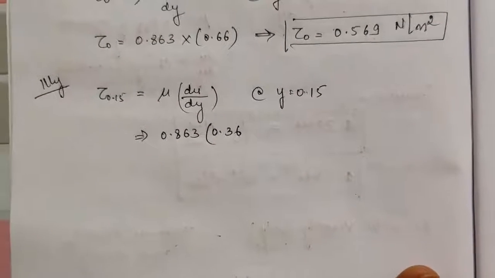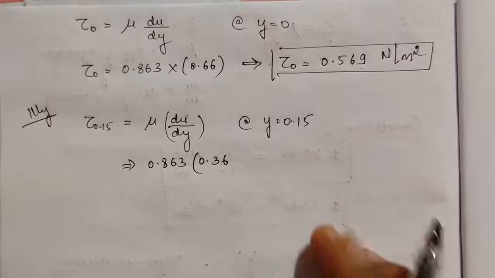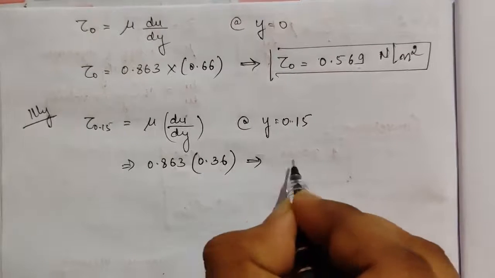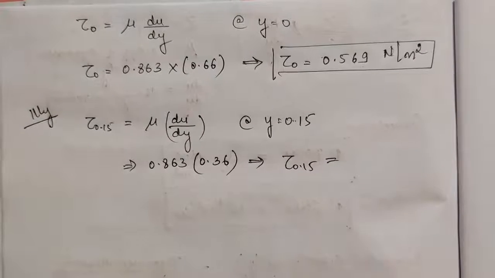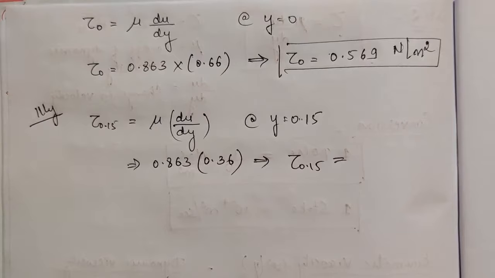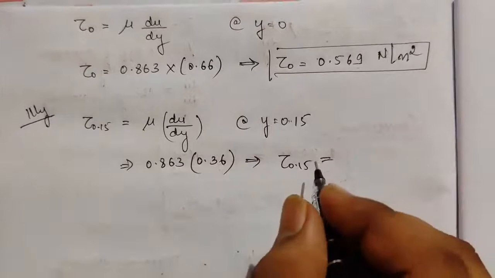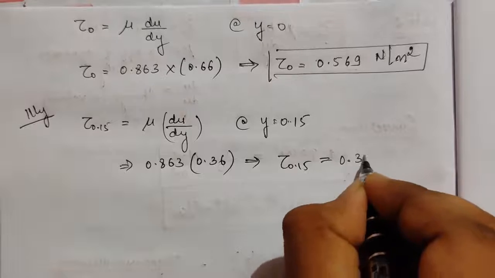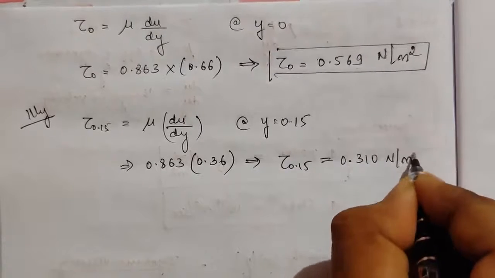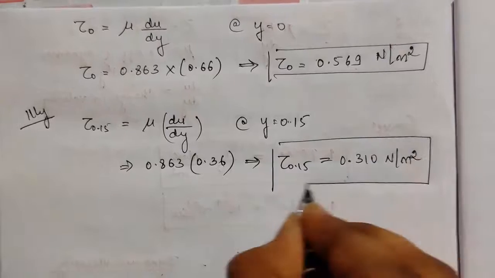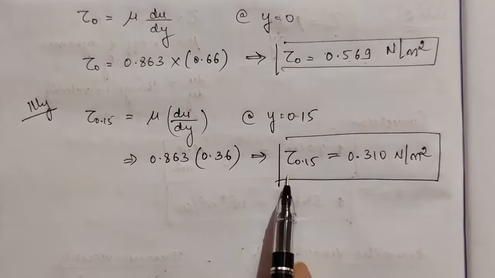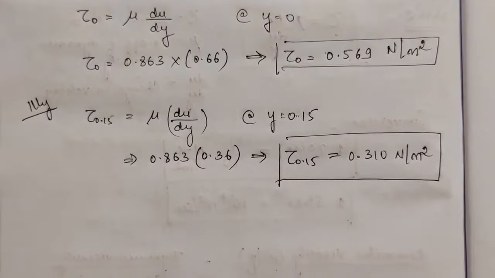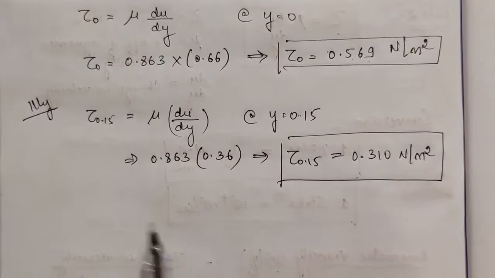Let me align the camera. So tau at 0.15 is equal to 0.863 into 0.36, which is 0.310 Newton per meter square. So the shear stress at y equal to 0 is 0.569, and at 0.15 it is 0.310 Newton per meter square. This is the solution of this problem.